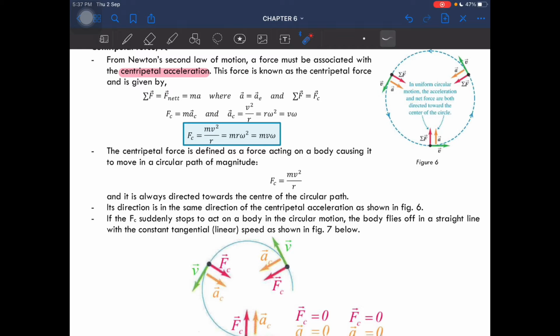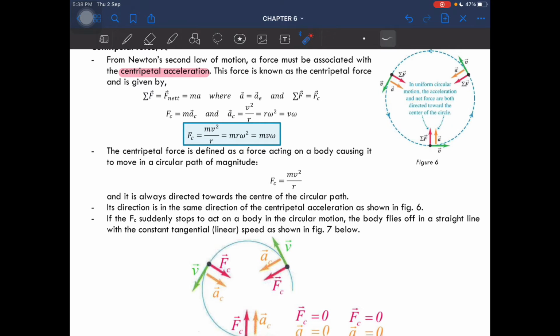Well, it's basically just Newton's second law of motion, which is force equal to ma, and in this case we are saying that the acceleration is equal to the centripetal acceleration. This one should be c. I'll edit that later. So the net force is then equal to the centripetal force. Okay, the centripetal force is not in your free body diagram. You cannot write a centripetal force in your free body diagram.